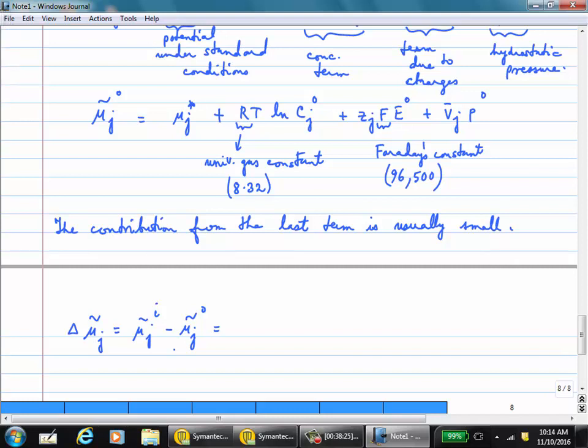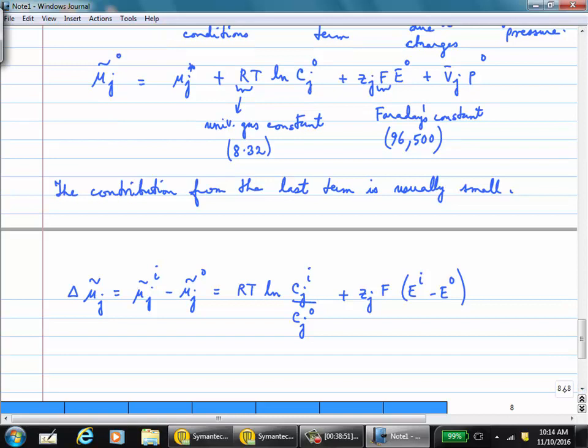So you will get RT natural log of Cji divided by Cjo, and then plus Zj F times E_i minus E_o. And this is actually the voltage difference across the membrane, so we can call this delta E.